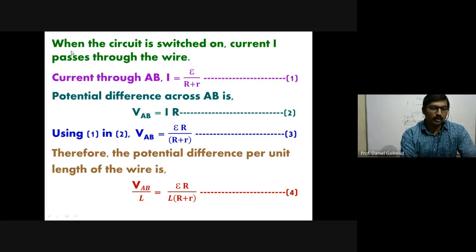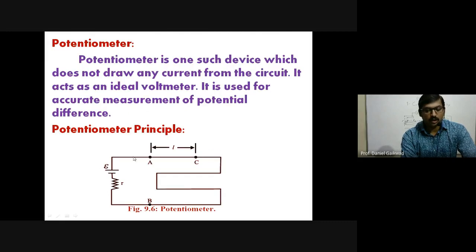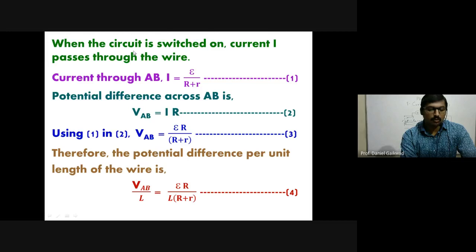Check carefully. When the circuit is switched on, current starts flowing in this circuit. The cell supplies the current in this closed circuit. Now the current can be calculated like this.